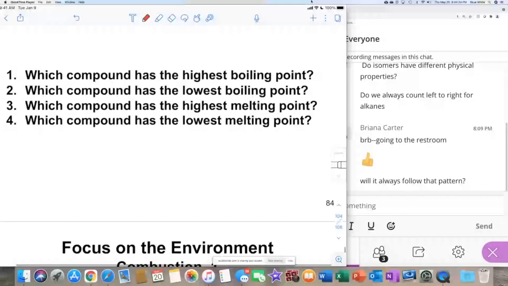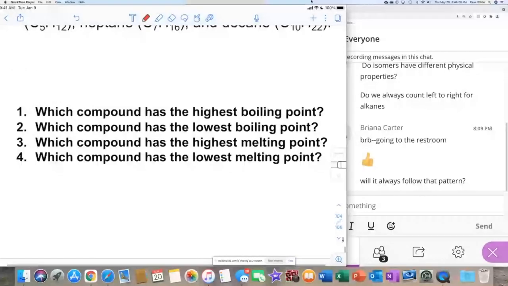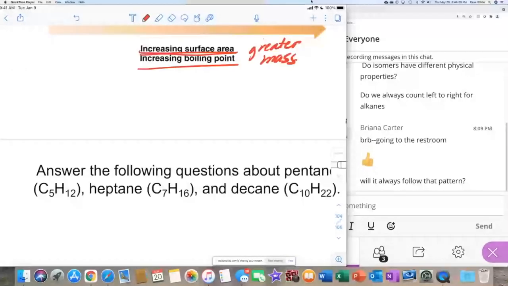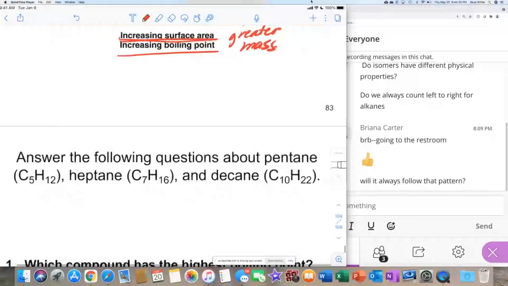Okay, let's see. We're very close to the end. Answer the following questions about pentane and decane. Okay. Which compound has the highest boiling point? You have the one with 10 carbons and the one with 5 carbons.